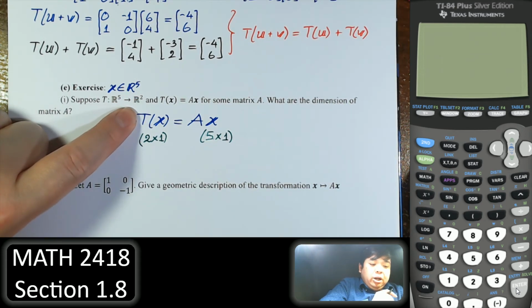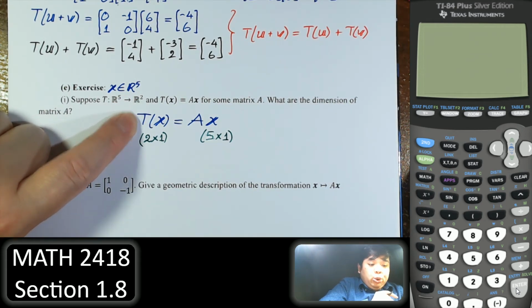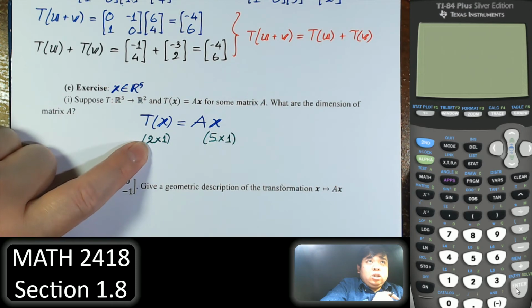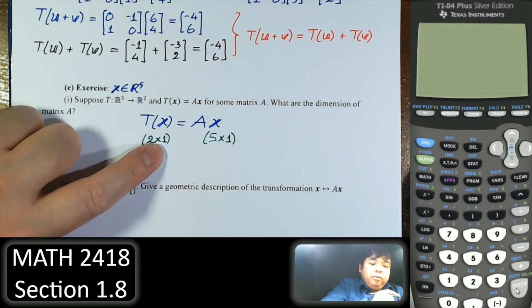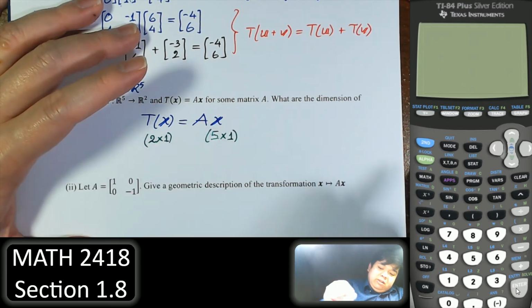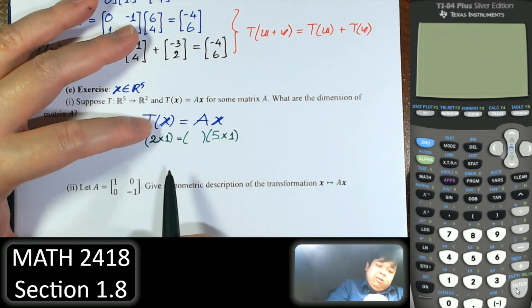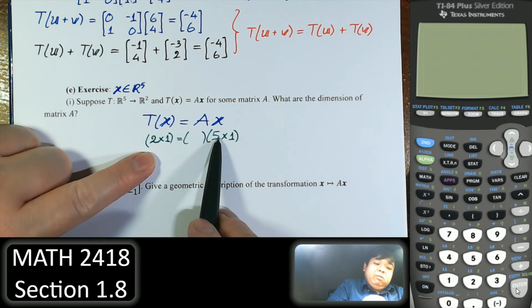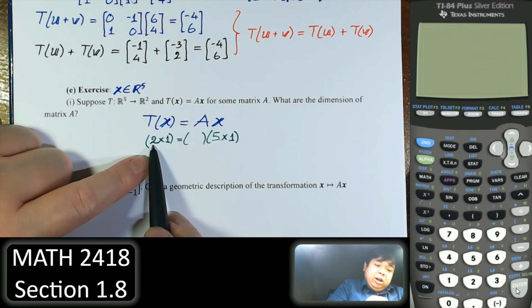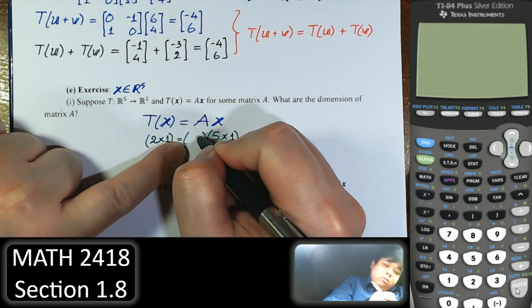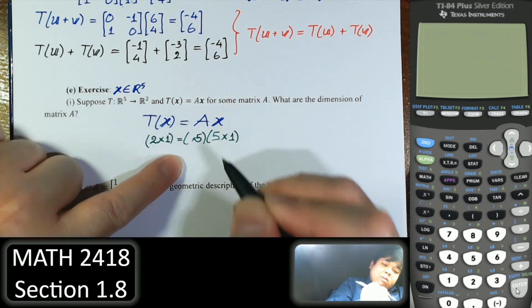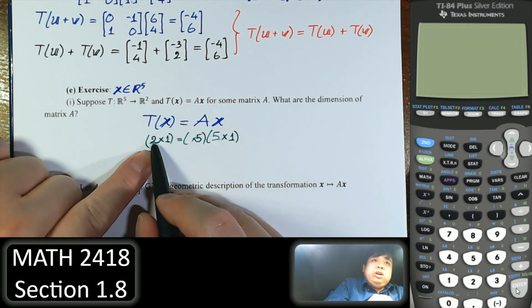The range is R2, so the column has 2 rows, 1 column. So what is the dimension of A? Right? Multiplying something by 1 gives 2 by 1. The middle numbers must match, so it has to be something by 5, and the outside numbers give us the dimension of the product.